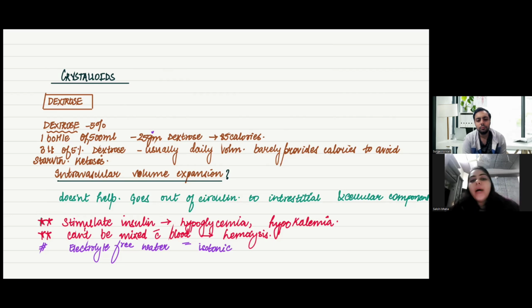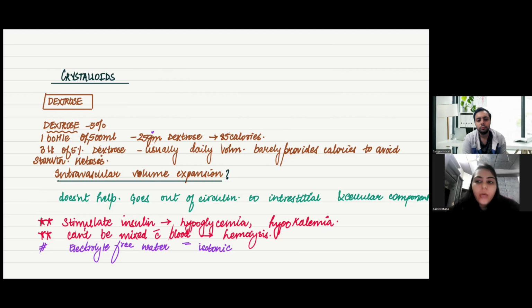Here I want to highlight the most important point while managing a patient who is given dextrose. Since it stimulates the pancreas, which releases insulin, it can cause hypoglycemia and hypokalemia in the patient the moment we give dextrose. The second point is that dextrose cannot be mixed with blood as it can cause hemolysis.